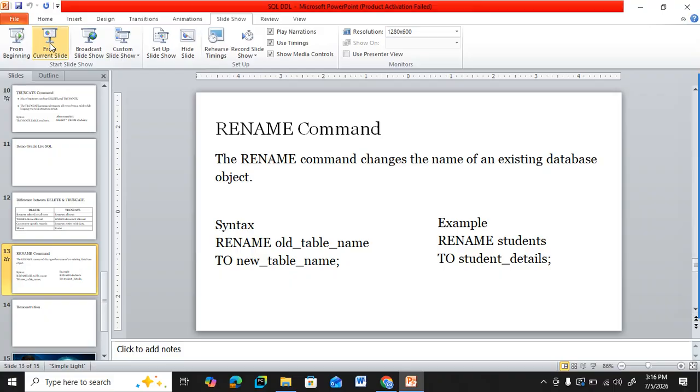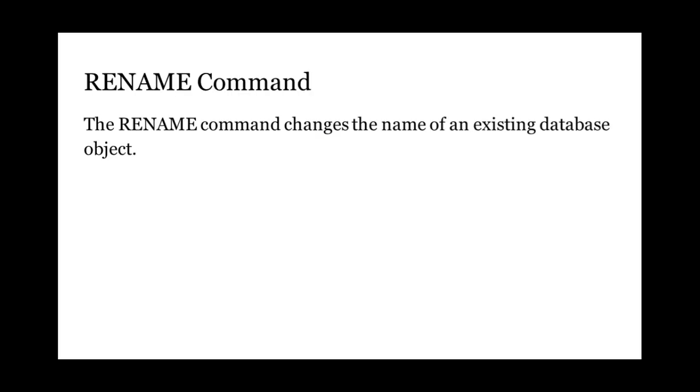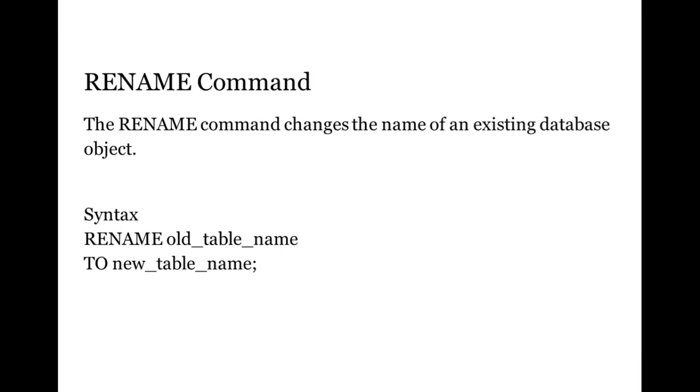Then the next command we have is the rename command. This command changes the name of an existing database object. To use this command, this is the syntax: rename, we need to write the old table name, and then after to we have the new table name.